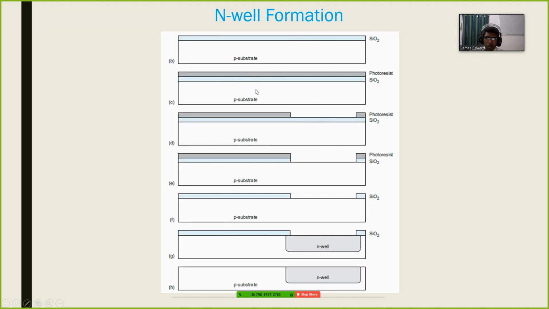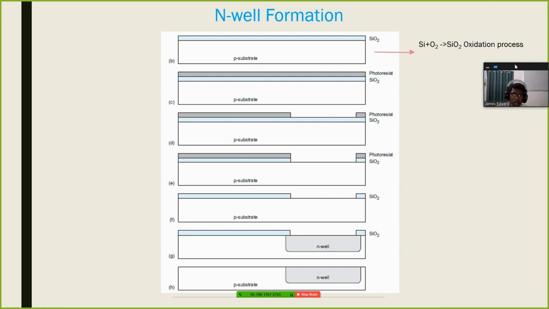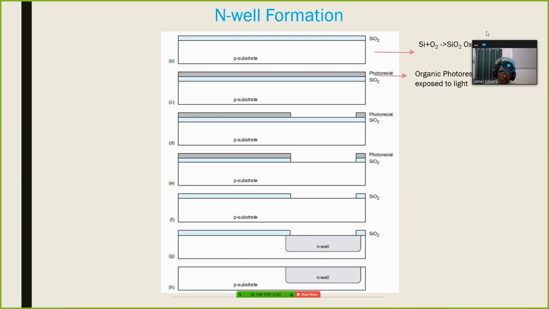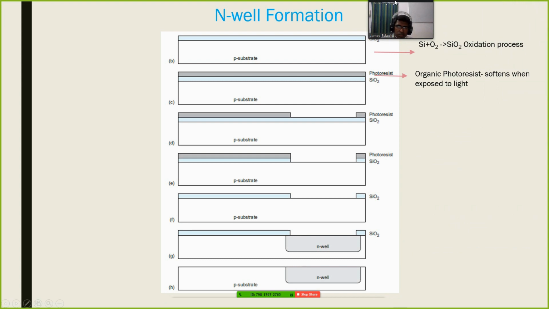Initially, we have a layer of SiO2, which is formed by oxidation using the formula Si plus O2 gives SiO2. Usually, this takes place in a furnace, and then the second process is organic photoresist, which is formed over this SiO2 layer.